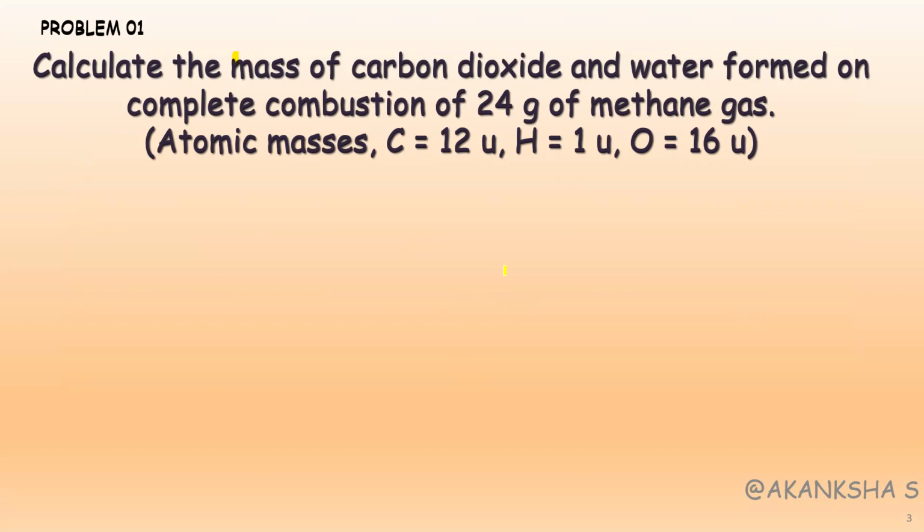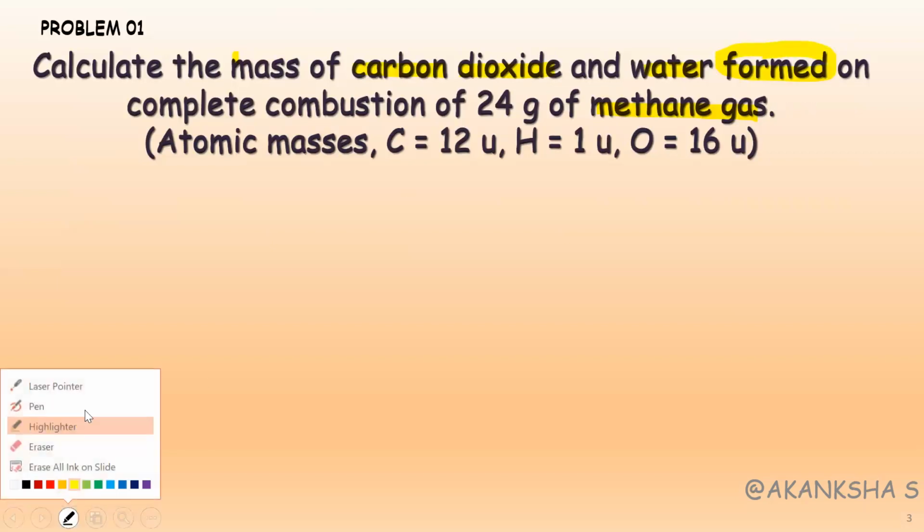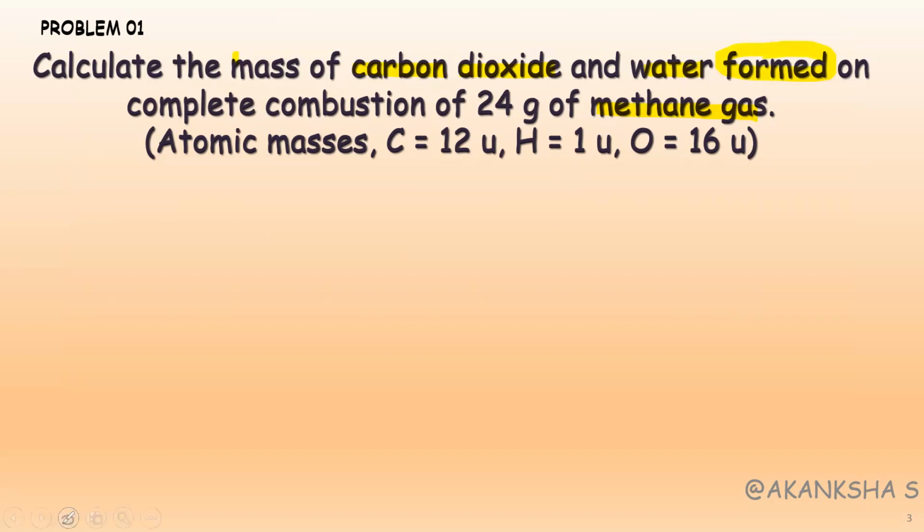Now let's see over here, they have given us carbon dioxide and water formed on complete combustion of methane gas. This word "formed" is actually pretty important. Formed here indicates that water and carbon dioxide happen to be the products because products are formed, right?